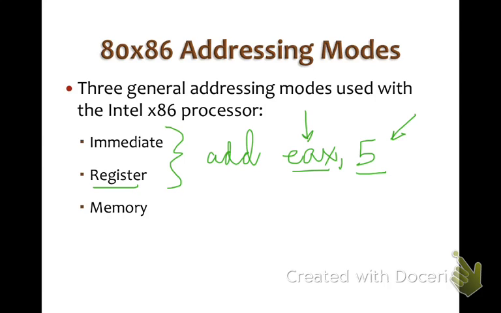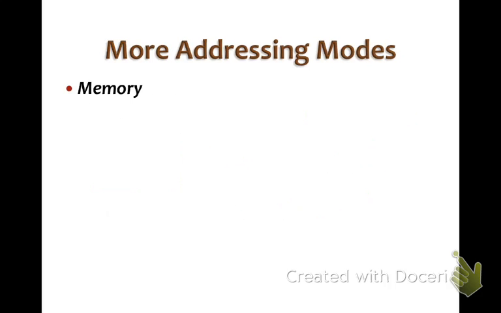Okay? In the case of memory, data is located at some address in memory, and here we have to indicate a little bit further how we're addressing memory. So there are 2 ways of addressing memory. One is direct, and the other is register indirect.